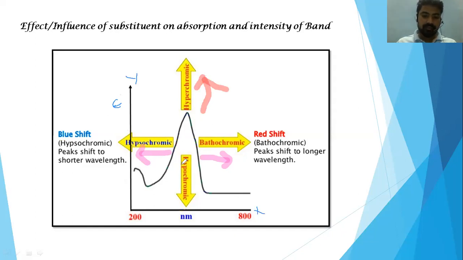And if the absorption intensity of a molecule is decreased in the presence of some other substituents, then that decrease in absorption intensity is called hypochromic shift. Hyperchromic shift and hypochromic shift, these are the four kinds of shifts that we will see in UV visible spectroscopy.